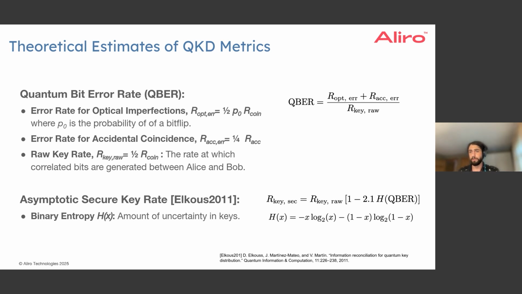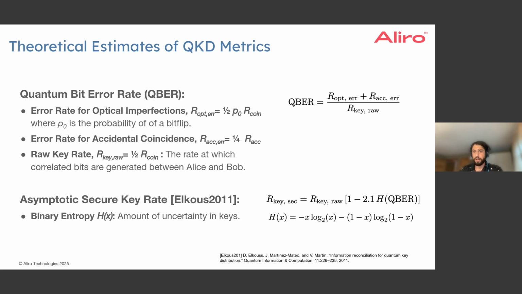Once you have all of these rates estimated, you can then estimate your quantum bit error rate, which tells you the quality of your quantum signal that you're using to distill a key from. Now, once you have the quantum bit error rate, you can then use the standard equation for the asymptotic secure key rate, which tells you, if you're distributing lots and lots of keys and performing this process many, many times over a long time, what is your rate for this key establishment, or secure key distribution?